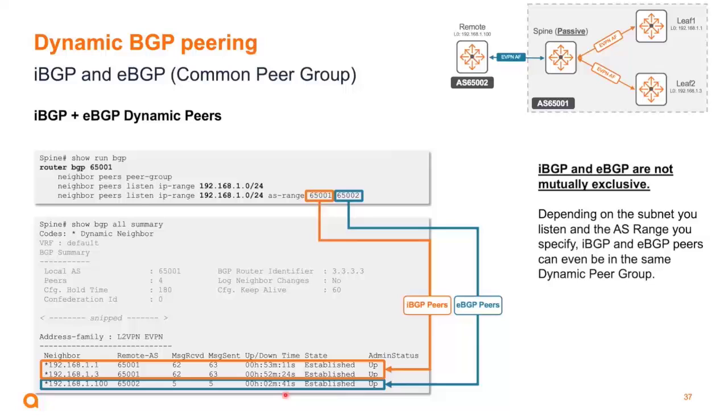But if needed, we can also support iBGP and eBGP peering within the same dynamic peer group. As you can see here, we have the local AS and the remote AS in the same dynamic peer group, and both kinds of peers will have their session established.